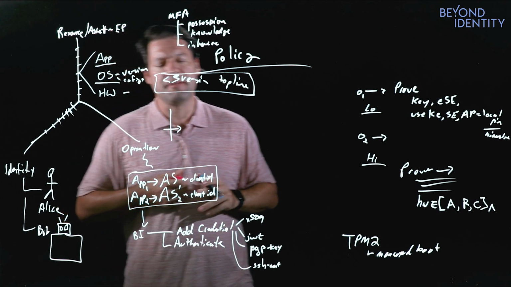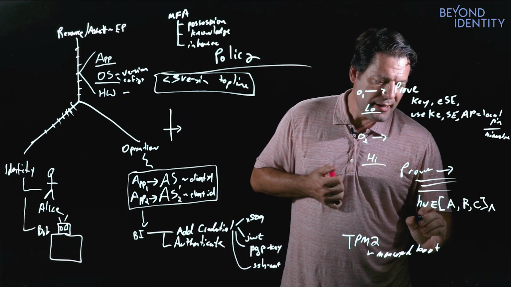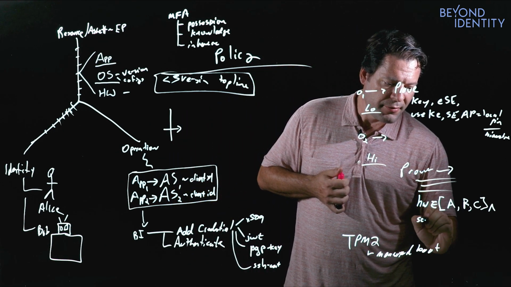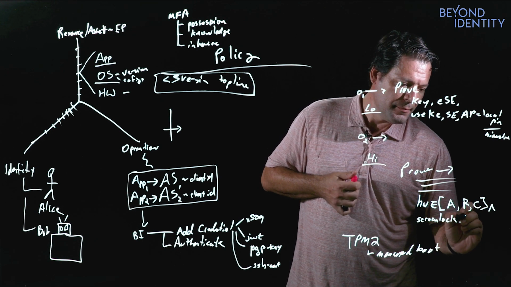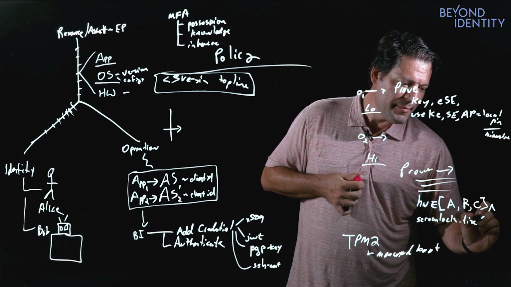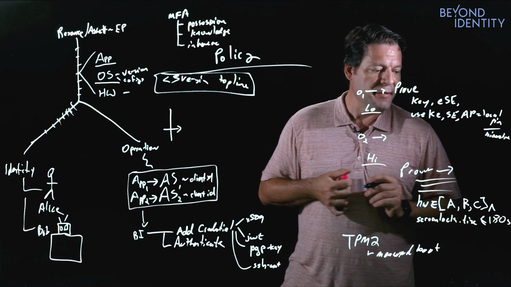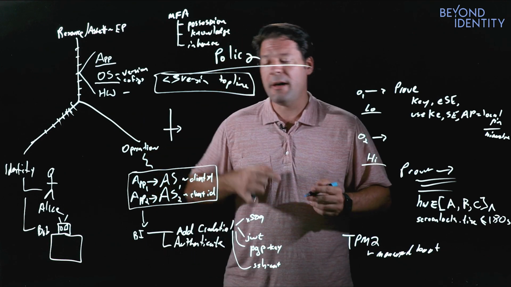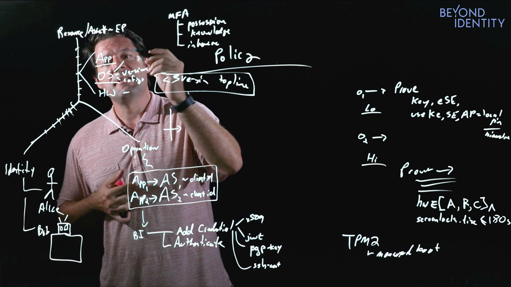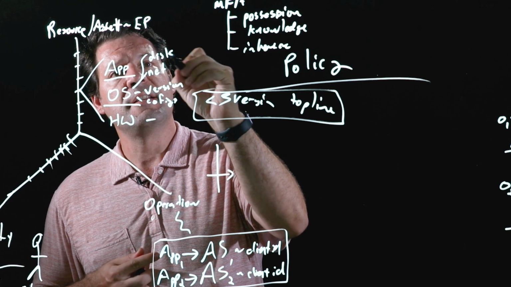I can also talk about some of the configuration of the operating system. So for instance, for a high trust device, let's say that I want to prove that the screen lock is not just enabled, but that it has a timeout value of at least 180 seconds or less, right? Let's say that we also wanted to talk about, remember an operating system is kind of managing a network stack and a hierarchy of disks, right?